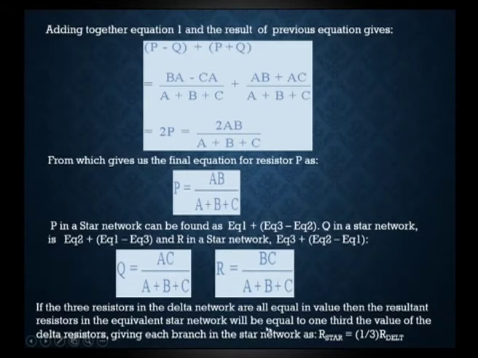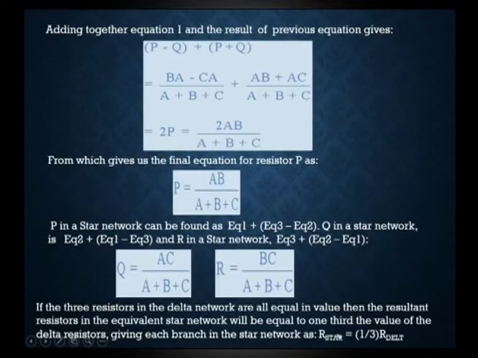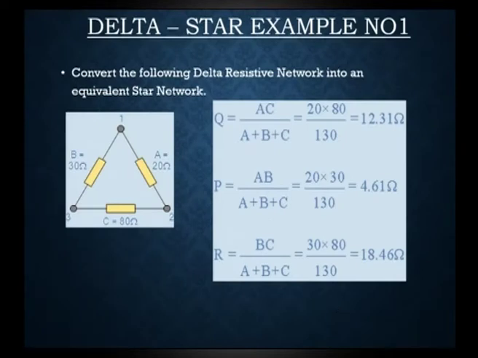That is why we can write, if the 3 resistances in a delta have equal value, then the relationship is like this: the resistance in star connection is equal to 1/3 of the delta resistance. Next we move on to a delta-star example, which can be easily solved with the help of the formulas we derived for transforming from delta connection to star connection.